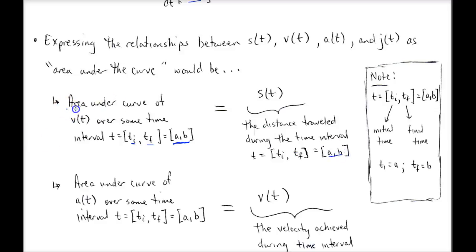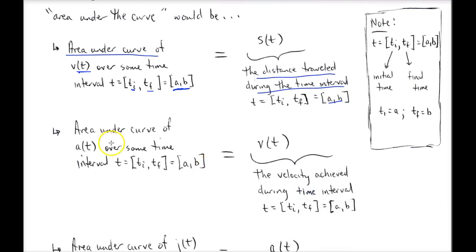Okay, so the area under the curve of the velocity function is representing the actual distance traveled during the time from t equals a to t equals b.